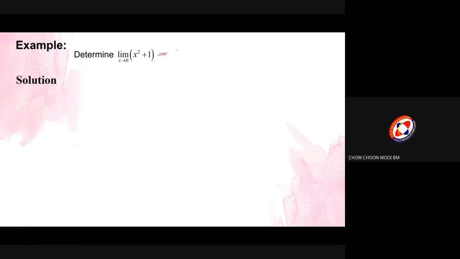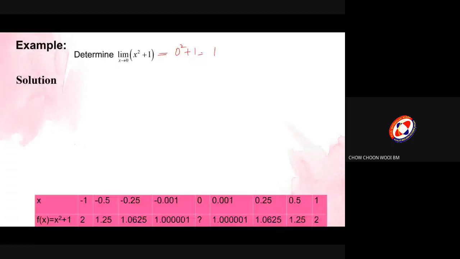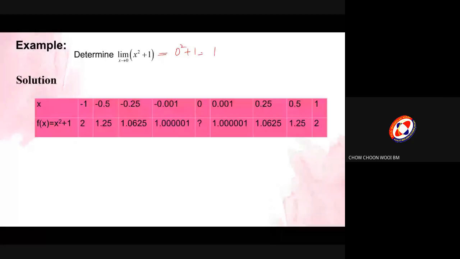Kita buat, okey, gantikan 0, 0 squared tambah 1 sama dengan 1, betul tak? Yang itu yang kebiasaan yang kita belajar dulu. Sebenarnya yang ni, okey, kenapa kita ganti? Nanti kita tengok. So kalau kita tengok, apa itu maksudnya as x approaches 0. So x0 di sini, x0 adalah di sini.